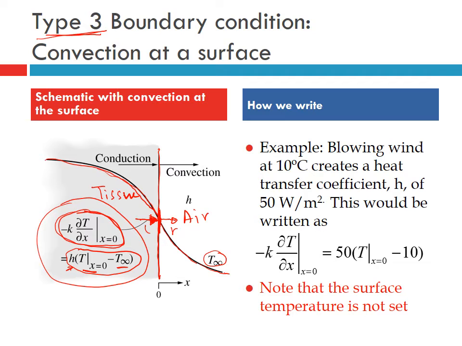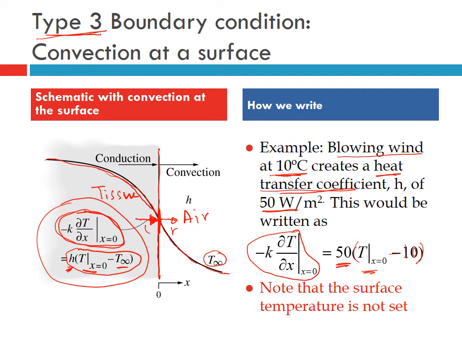So how do I write this? With a blowing wind, let's say at 10 degrees, and that has a heat transfer coefficient of 50 watts per meter square, I'm going to write it as minus k dT/dx at x equal to 0 is equal to 50, the h value, times T at x equal to 0 minus T infinity.